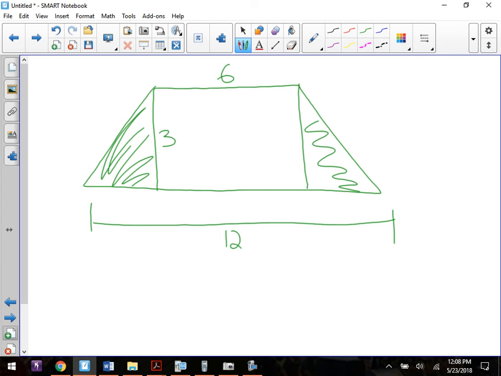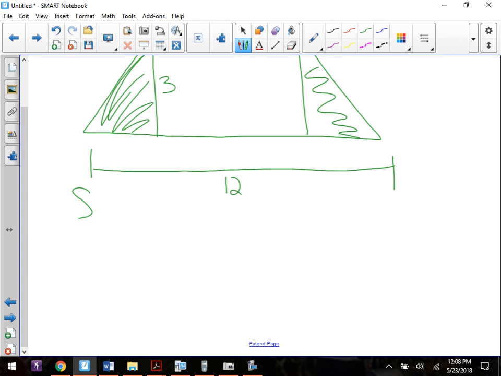Not probability, area of the shaded region. So in this one, your shaded region is again going to be a triangle. And if I back out the middle portion, I'm going to have a base of 6, a height of 3. So the area of the shaded is going to be 1/2 times 6 times 3, which is equal to 9. Okay.